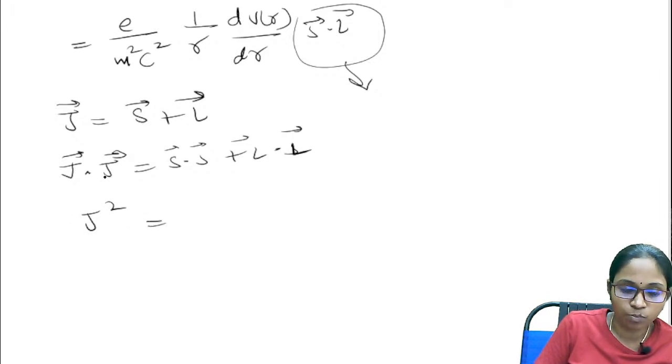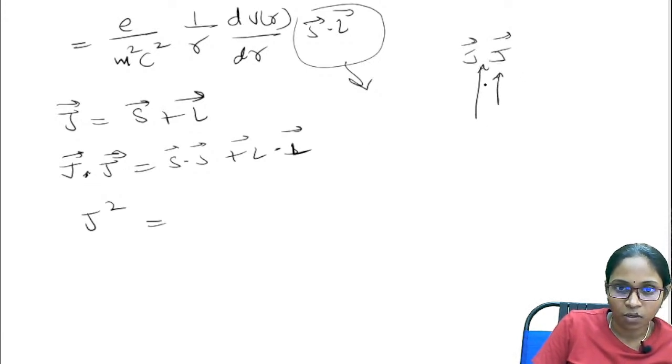Why? Because as both these are parallel to each other, cos 0 will be equal to 1. Here J dot J will be J into J cos theta. Therefore theta is equal to 0, since cos 0 equals 1.